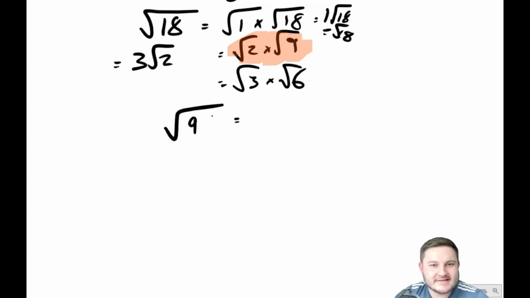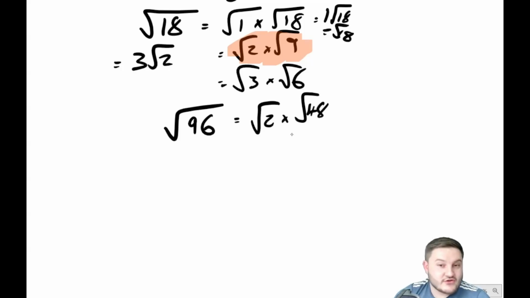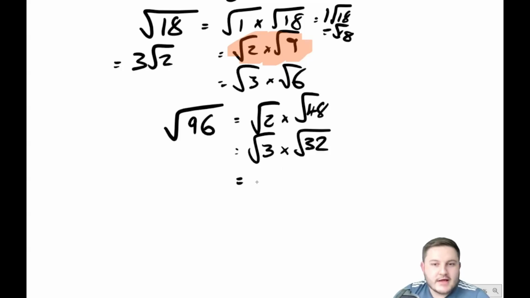Square root of 96. Well, square root of 96 is the square root of 2 times the square root of 48. Well, neither of them are surds. It's the square root of 3 times the square root of 32, and neither of them are surds. It is the square root of 4 times the square root of 24, sorry, not 16, 24.